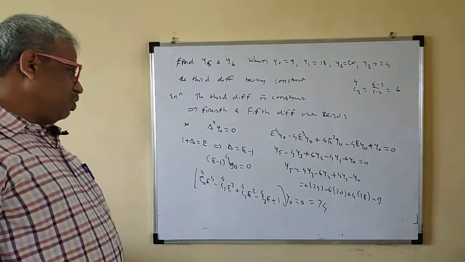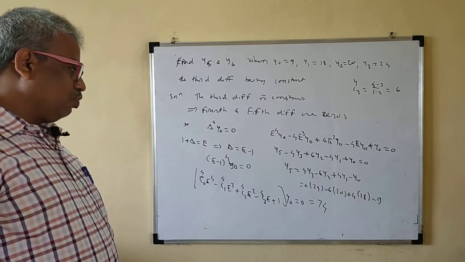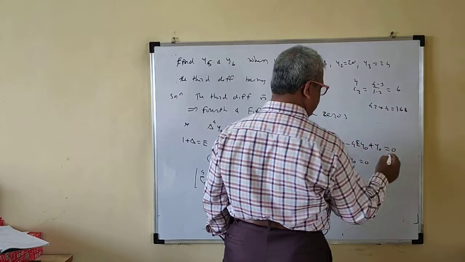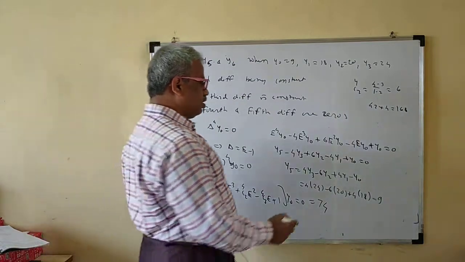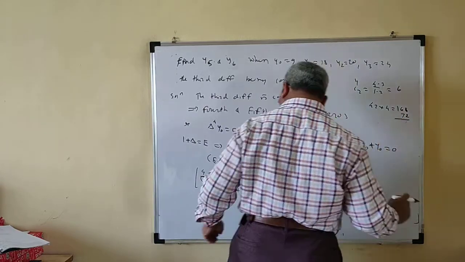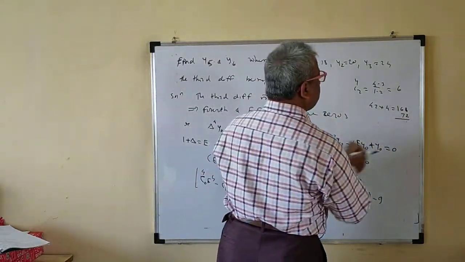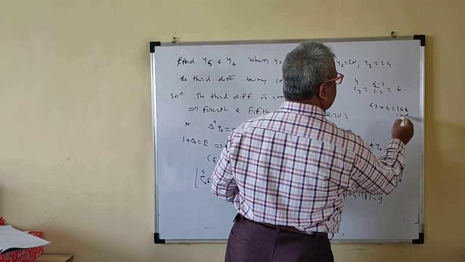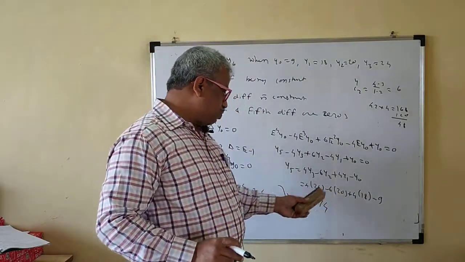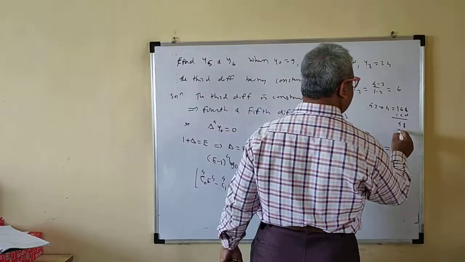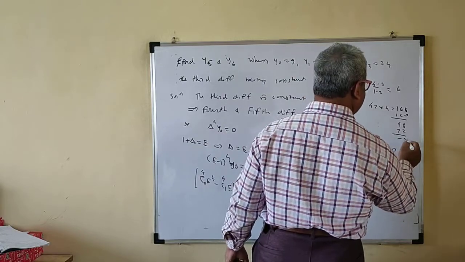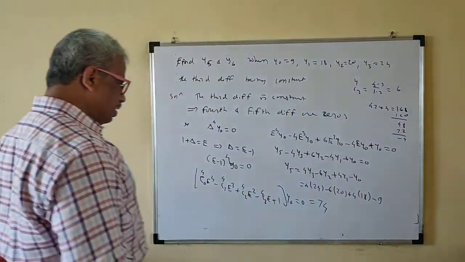If 4 common, then 42 into 4 is 168. Then 168 plus 72 is 240, minus 120 and so on, giving 48, then you have to add 72, and then minus 9. So check whether this is correct or not.